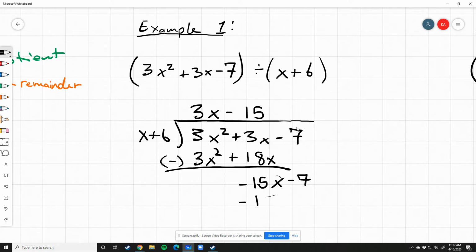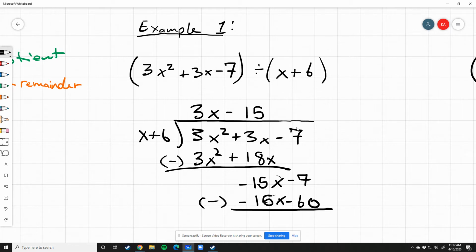So we would then do what we did before and multiply this negative 15 by x plus 6. So negative 15 times x makes negative 15x. No surprise. Negative 15 times 6 makes negative 90. And we will subtract. These two terms will cancel, because a negative minus a negative is a positive.